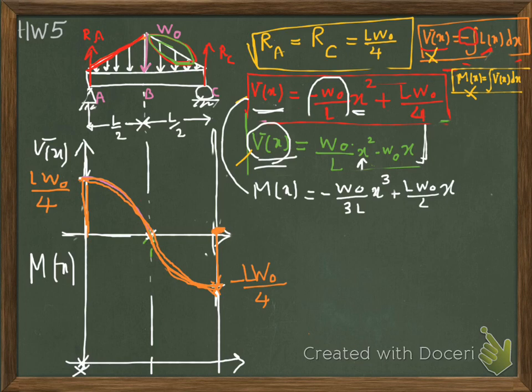All right, w naught, yep. Let me make sure I got it, because I cleaned it on the board, so I have it correctly for you. M(x) turns out to be minus w naught over 3L x cubed plus w naught L over 4 x.